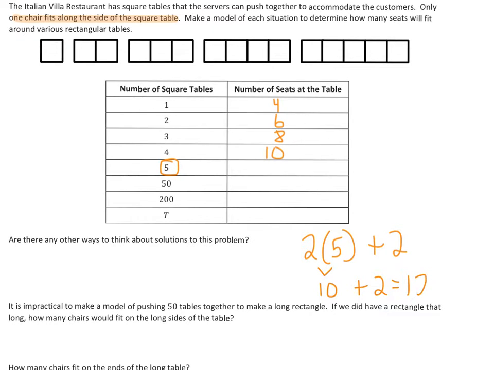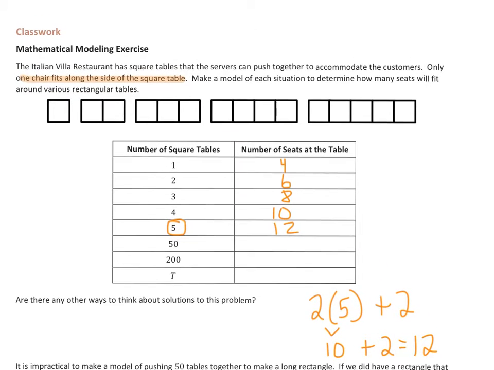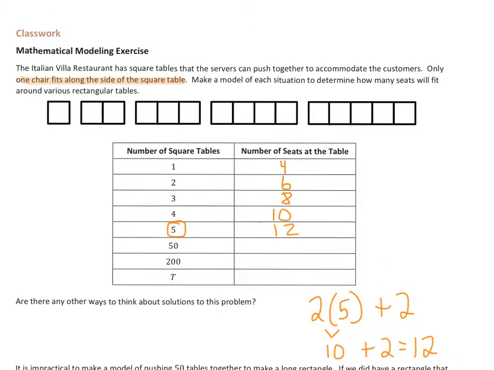Very good, 12. So theoretically, I should have 12 here if my formula worked. Okay, if my pattern that I'm seeing worked. So now let's go and count them. 1, 2, 3, 4, 5, 6, 7, 8, 9, 10, 11, 12. Hey, it worked.